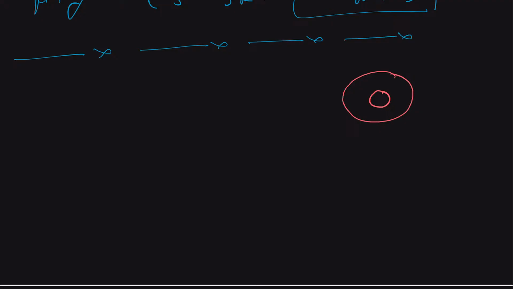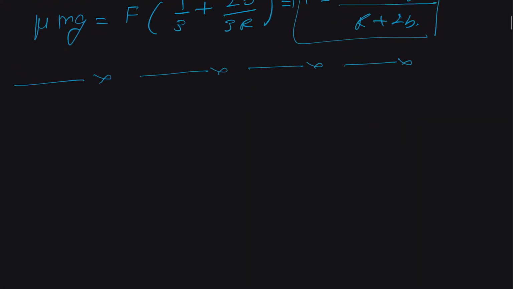Okay, and so let me rephrase the question first, then I come to the diagram part. So we assume that our yo-yo is lying horizontal on the table.